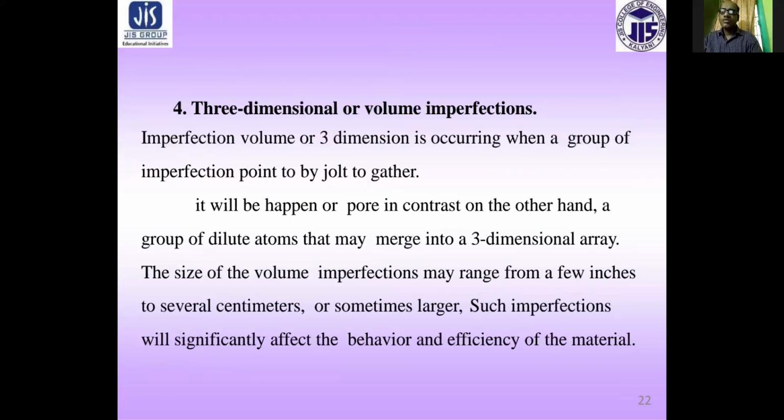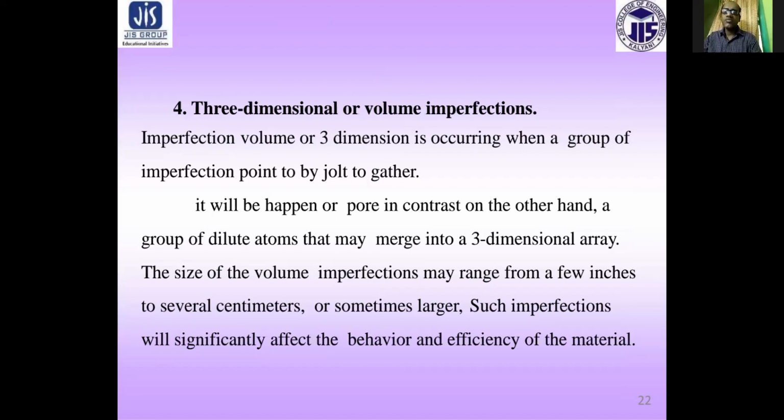Now, volume imperfection, or generally known as three-dimensional imperfection. This occurs when a group of imperfections or a group of dilute atoms may merge into a three-dimensional array.